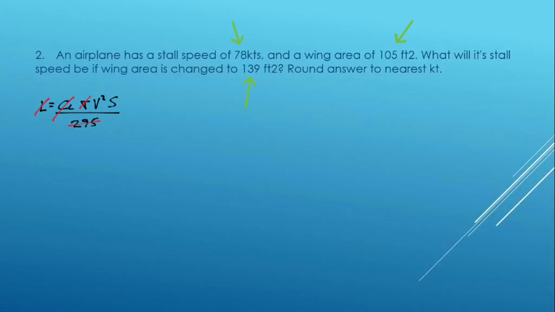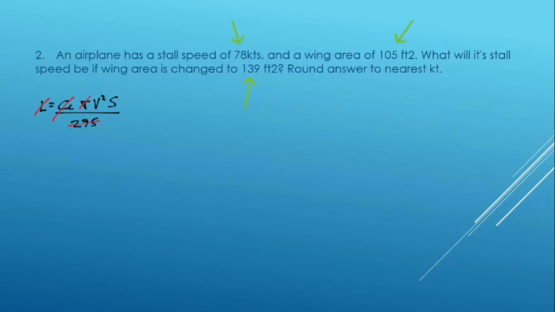This next problem involves finding a speed change if we change some other part of the lift formula. So what I've done here is written out the lift formula, and then I've crossed out everything that either isn't given or isn't needed. What we're given is a speed and a wing area, and then another wing area, and we want to come up with a new speed.